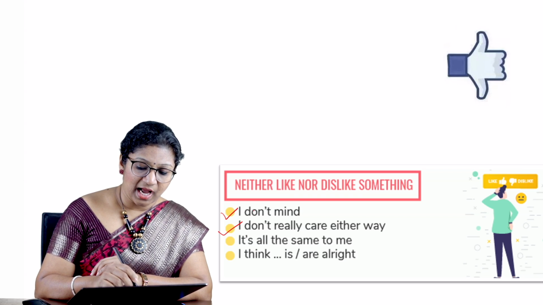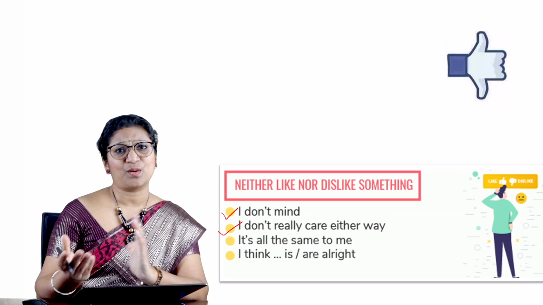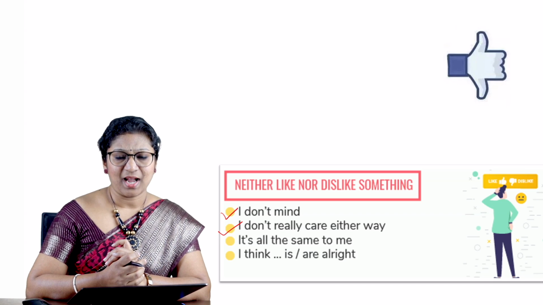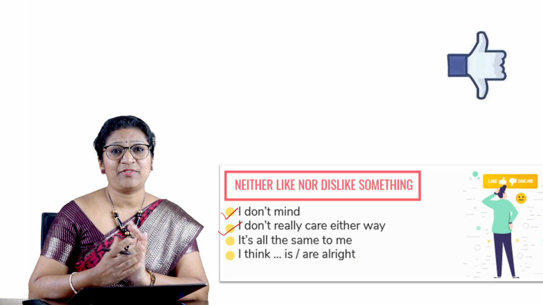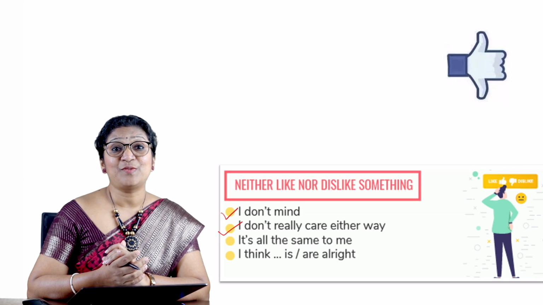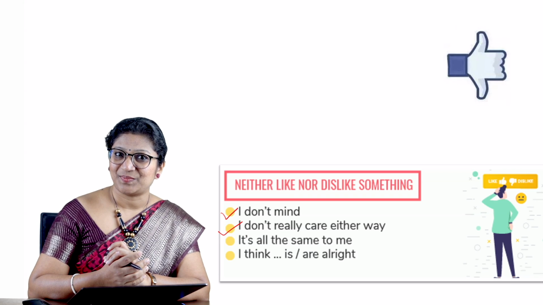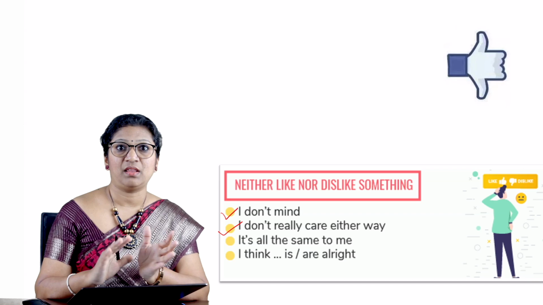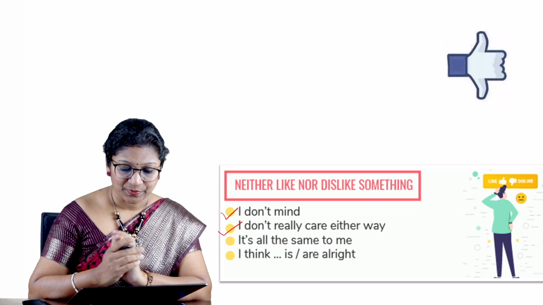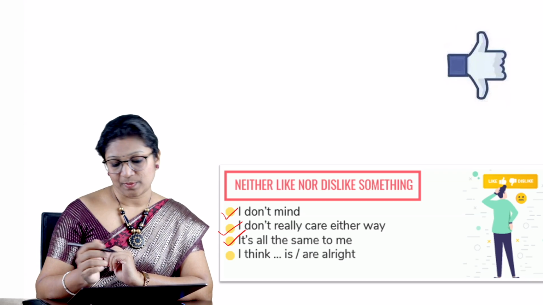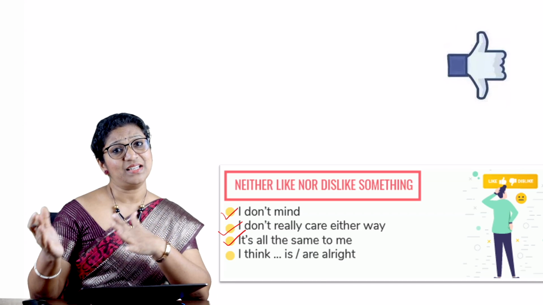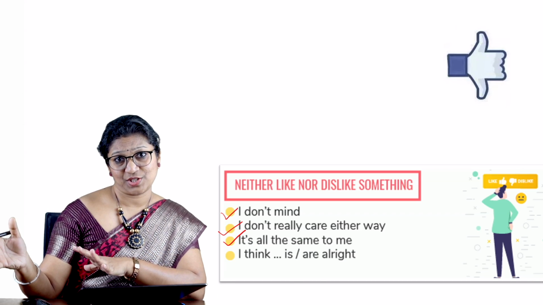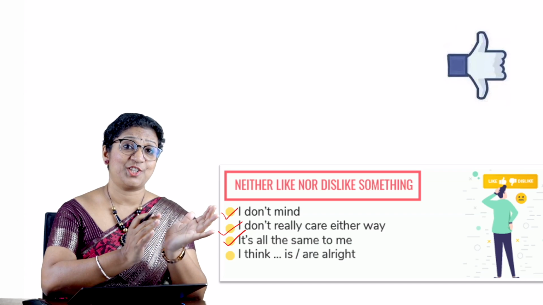Or, I don't really care either way. Either way works for me. If all are on, let's go for a movie, else it's fine, right? It's okay either way. Yes or no, it's okay for you. Or it's all the same to me. Or even I think dash is alright, or I think dash are alright.